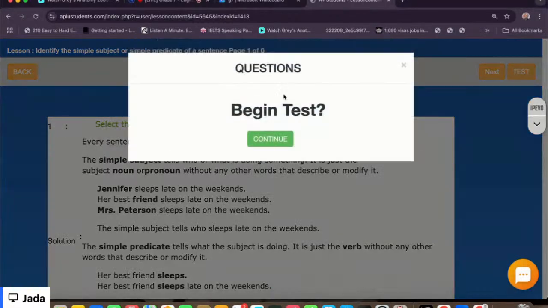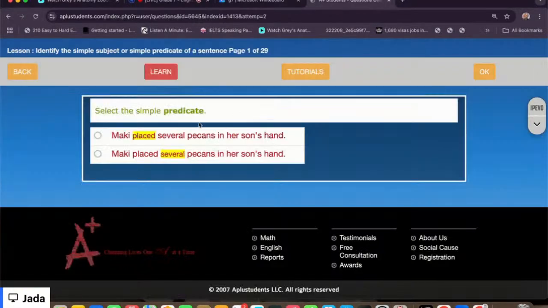All right, so first question is: select the simple predicate. Maki placed several pecans in her son's hand. So, what is the simple predicate here?